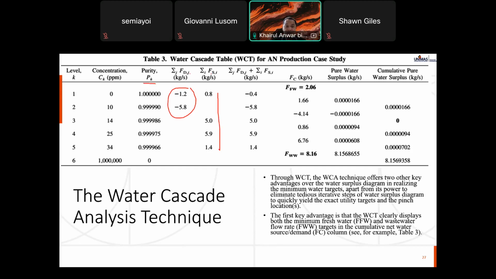So these two, demand and source, are coming from this. It's from the process. This is the summation, 0.1.2 plus 0.8.